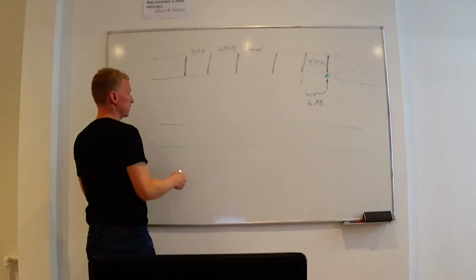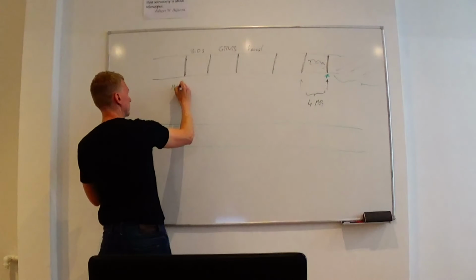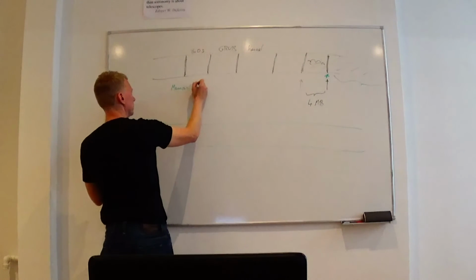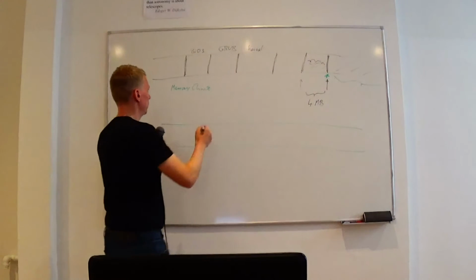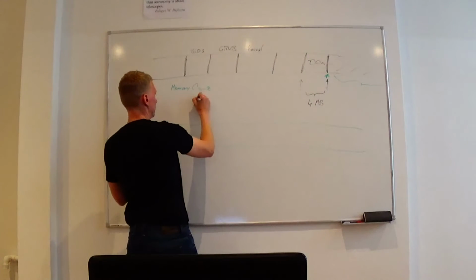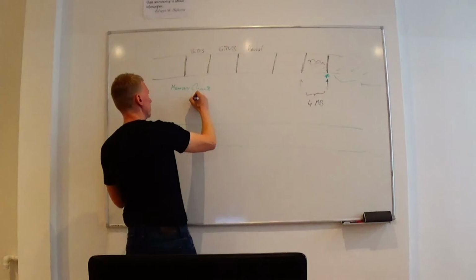And what I'm just going to do is I will write a class memory chunk, which is supposed to have a pointer to the next memory chunk and the previous memory chunk.